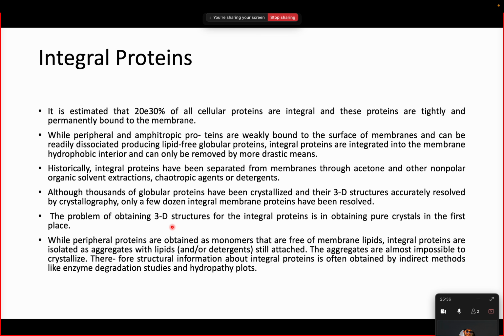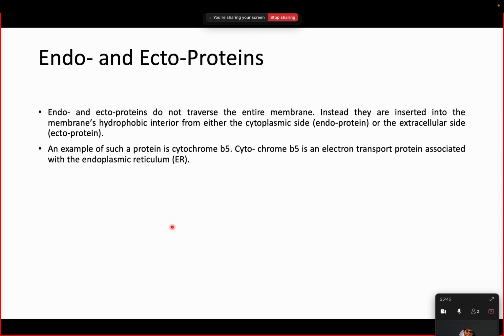Although thousands of globular proteins have been crystallized and their 3D structures are actively available in a database, we have very few transmembrane protein structures present in the database.